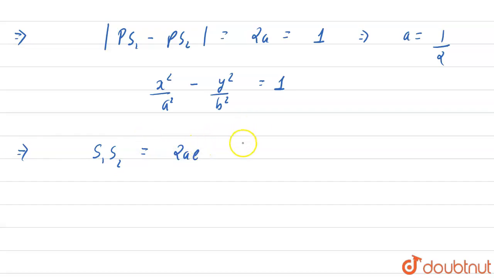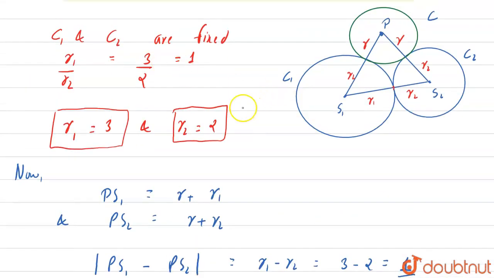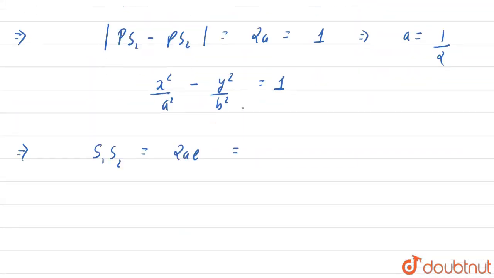This is the formula we know. And if we see in the figure, this will be equal to R1 plus R2. So 2ae is equal to R1 plus R2, and we know the value of R1 plus R2, which is 5. So we got 2ae equal to 5.